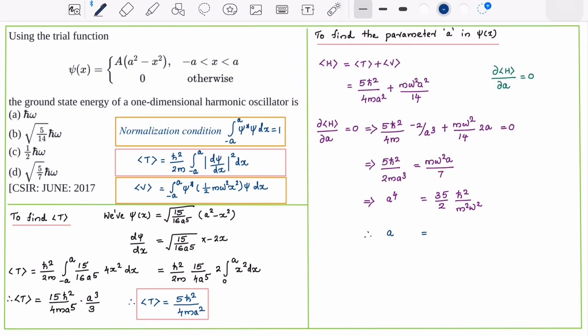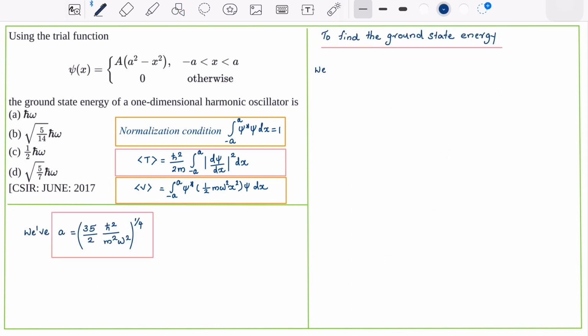Therefore, the unknown parameter a is given by (35 by 2 ħ² divided by m²ω²) whole raised to 1 by 4. This is the value of the adjustable parameter in the wave function.